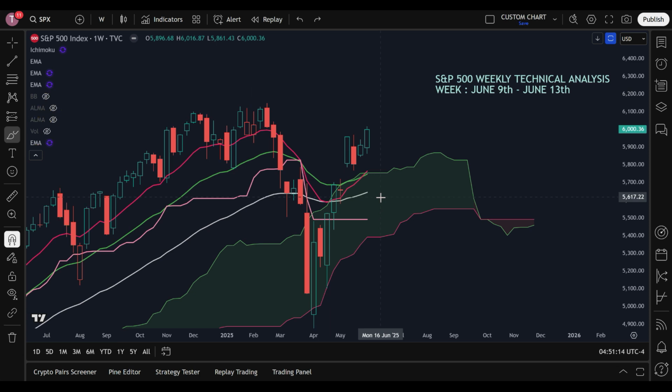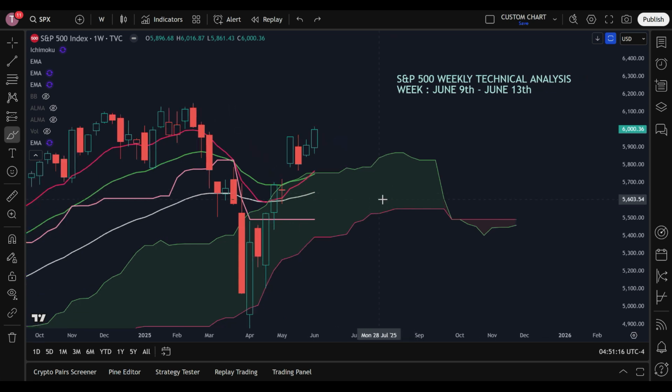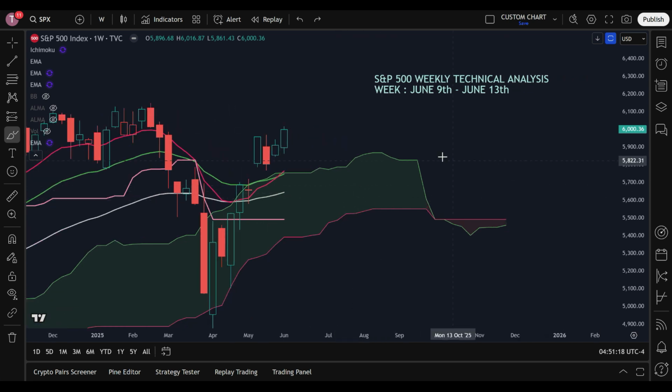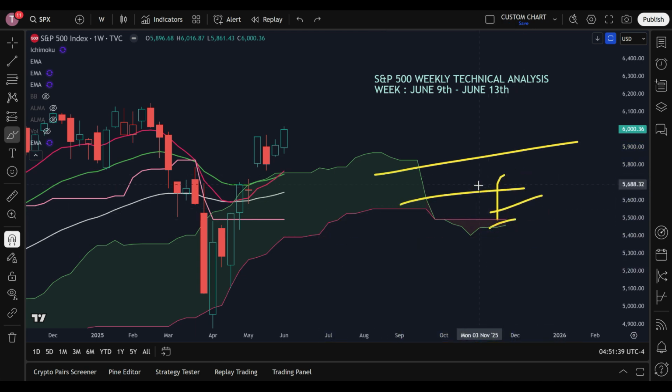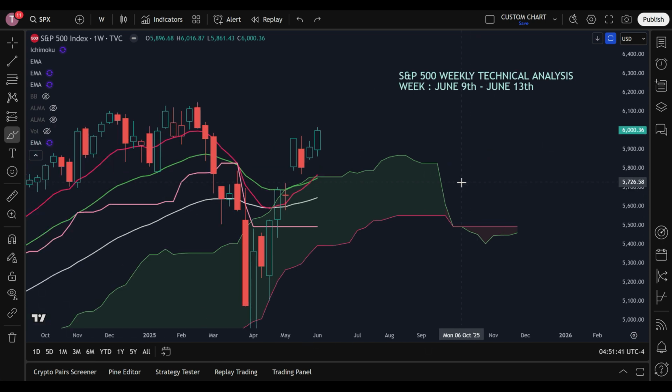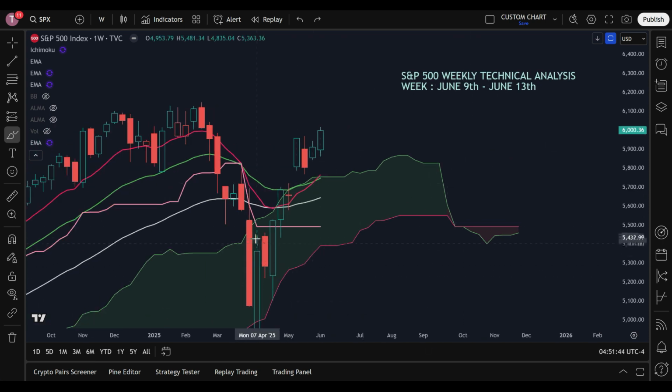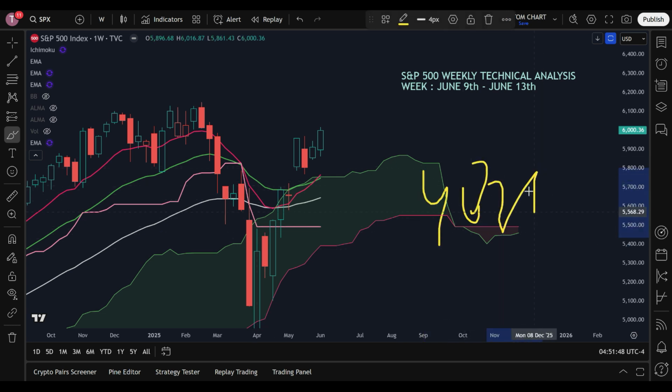So what I'm trying to say is that there is a huge disconnect between the real economy and the stock market, and the stock market is simply ignoring the Fed. That is one point. But now the S&P 500 has recovered strongly from the low of 4835.